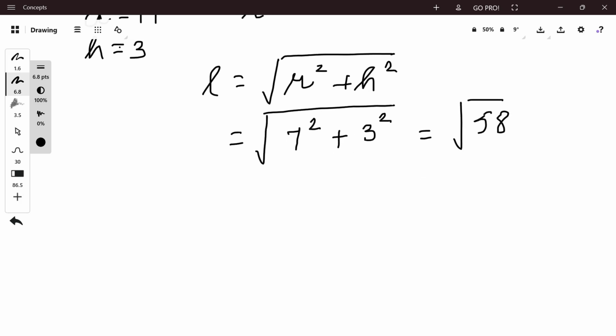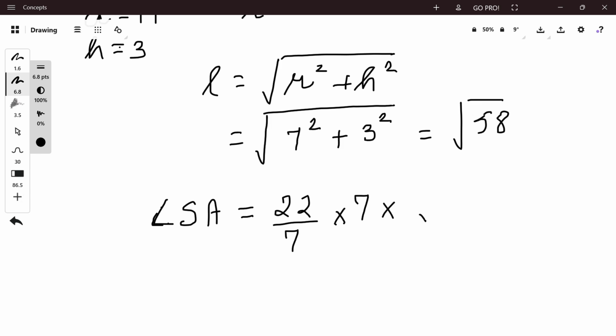The formula for lateral surface area of a cone is pi RL. Using approximation of pi as 22 by 7, LSA is equal to 22 upon 7 into R, that is 7, into L, that is root 58.